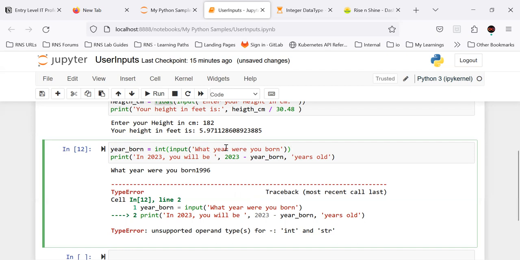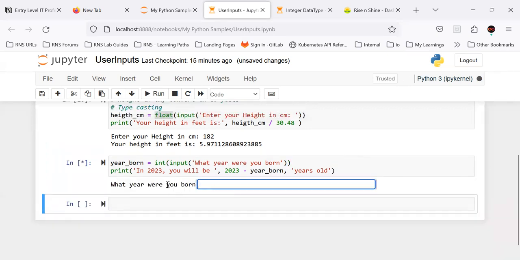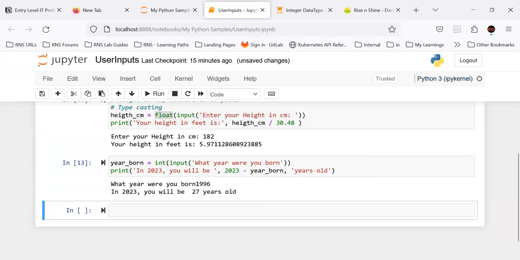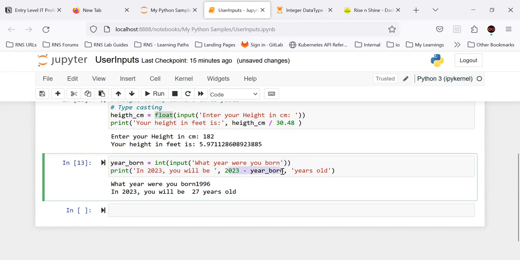Now we are typecasting the string to int. Now if I run this program, what year were you born? Okay, 1996. And in 2023, you will be 27 years old. Now the string has been converted into an integer, and that integer value has been used in the operation.